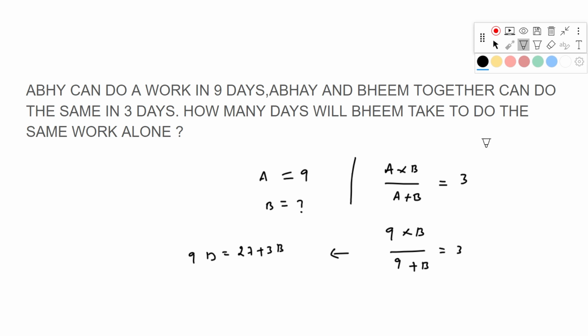Then 6B equal to 9B minus 3B, 6B equal to 27. Then B equal to 27 by 6, that is 4.5 days. So the answer is 4.5 days. Okay. Next.